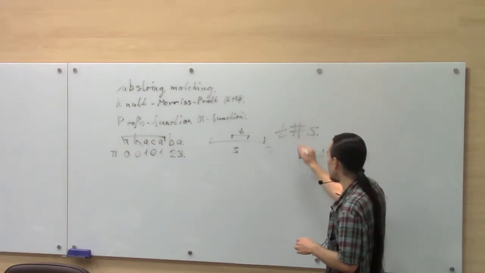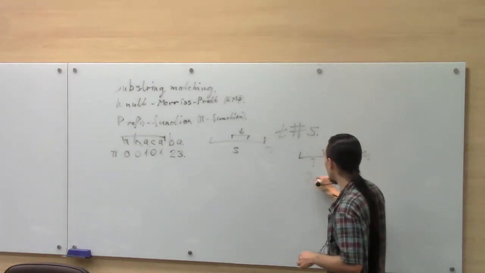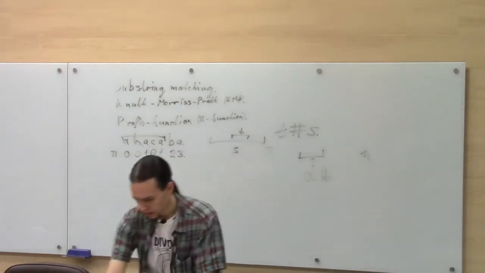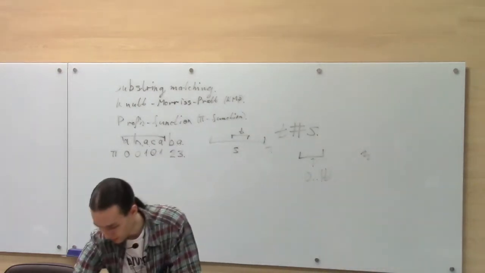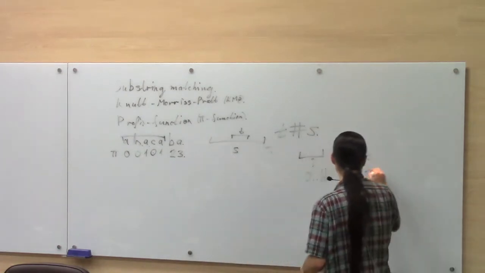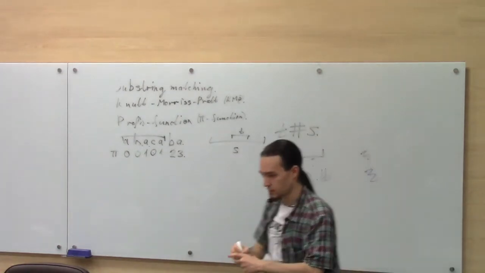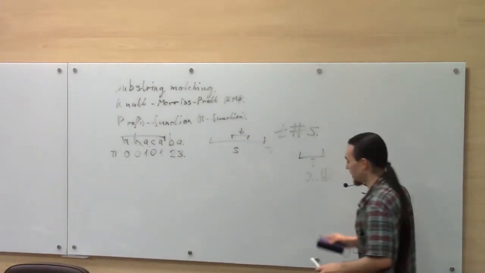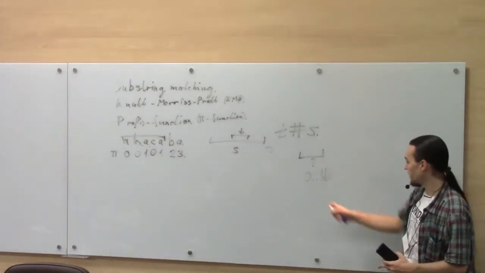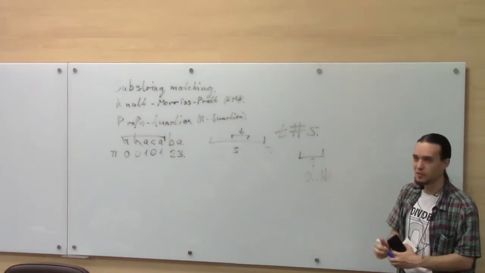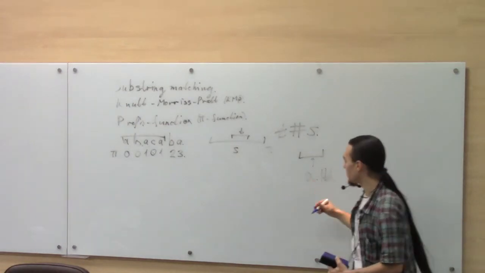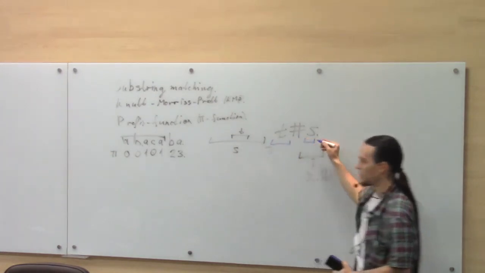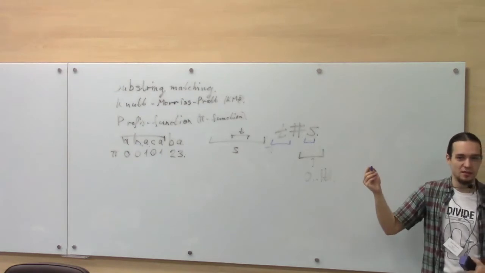So all values here are between 0 and the length of t, and when a value equals the length of t, then by definition of the prefix function we have a match between t and the substring that ends at the respective position.